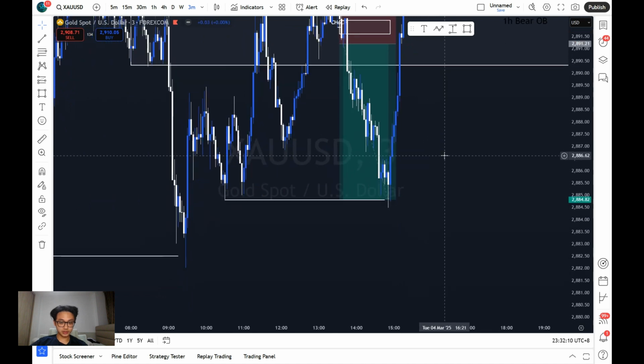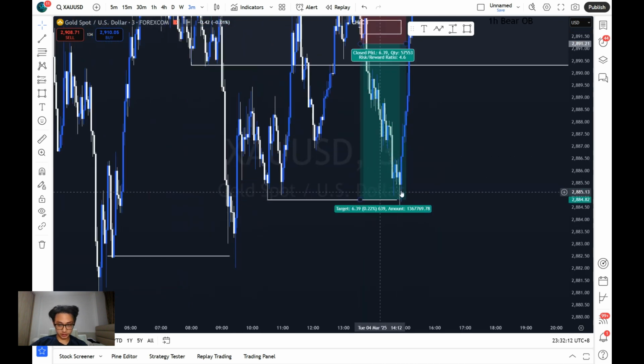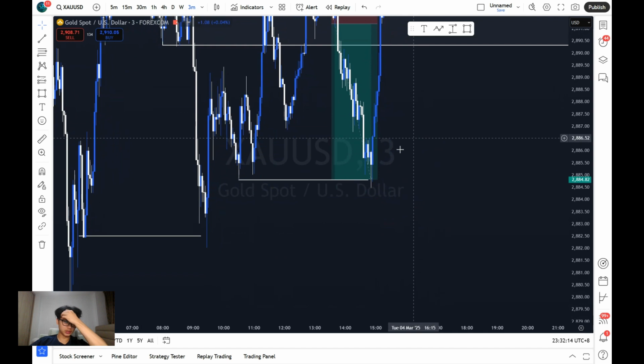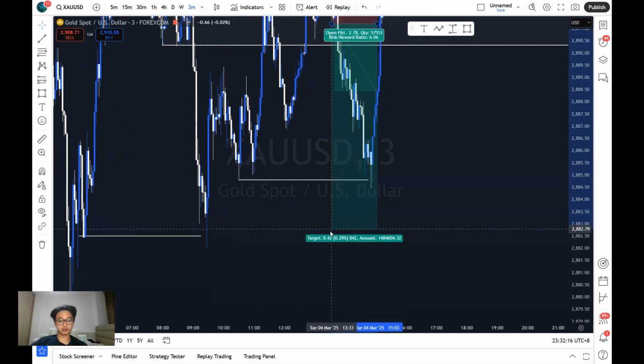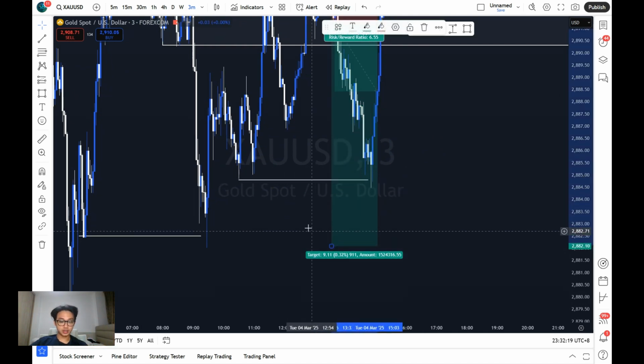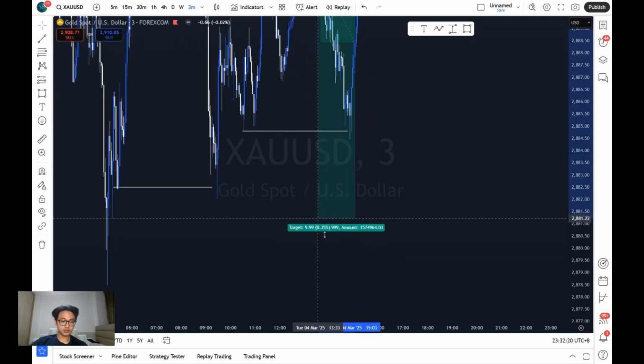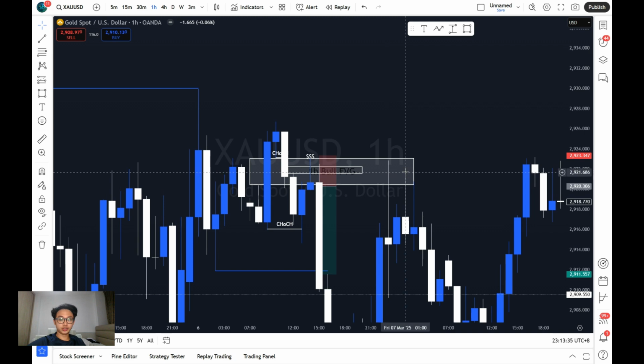So best is to take partials and SL to B, because we cannot really expect or predict whether price will head towards this sell side or the sell side, which is this swing low or this swing low.